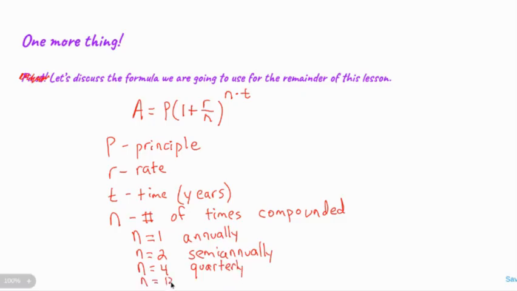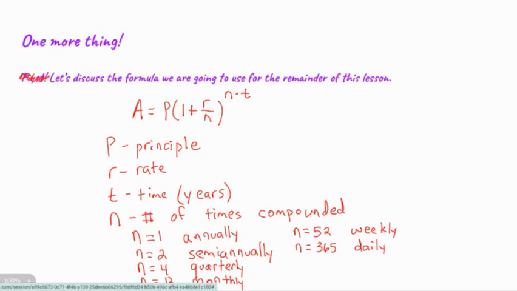N equals 12? You guessed it, that's monthly. And then n equals 52? That'd be weekly. And then, of course, the very famous n equals 365. That'd be daily.